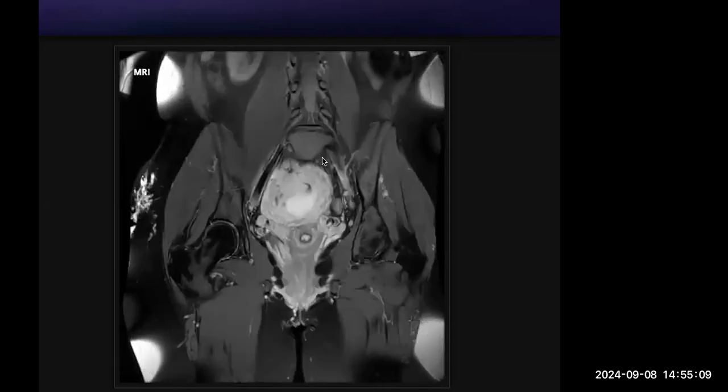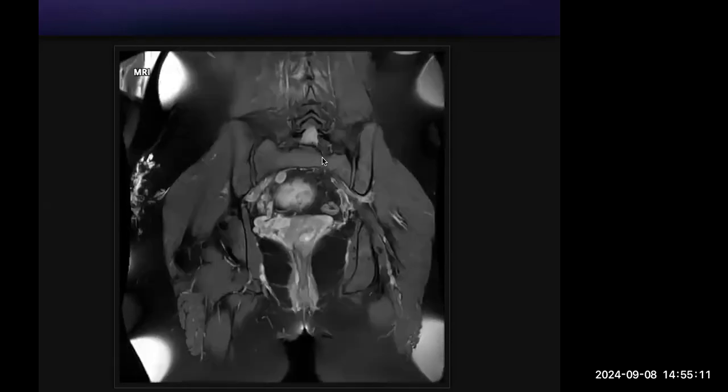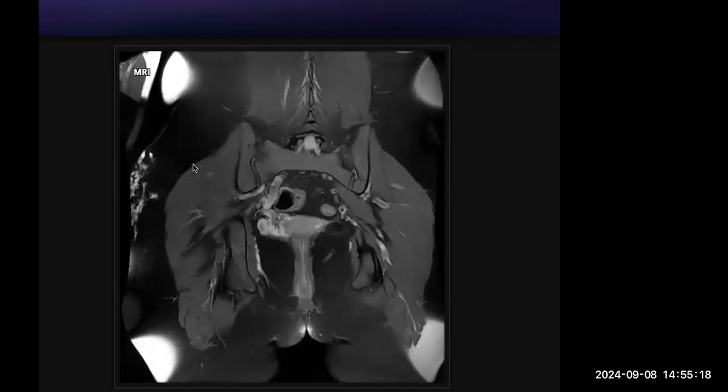Looking at the hip, there is an ill-defined T2 hyperintensity in the right. Keep scrolling down.